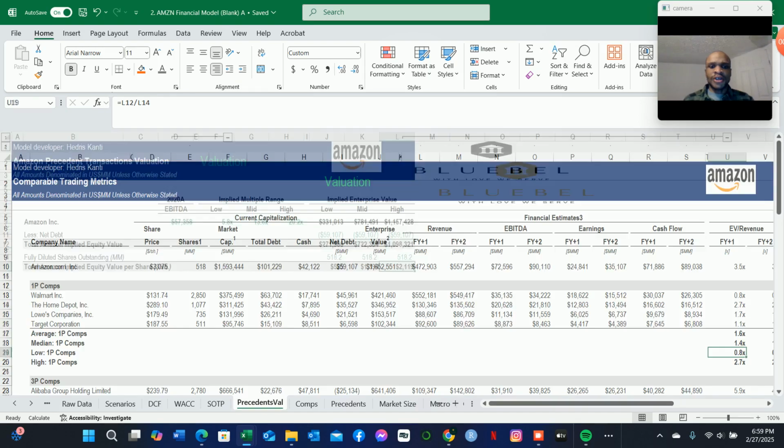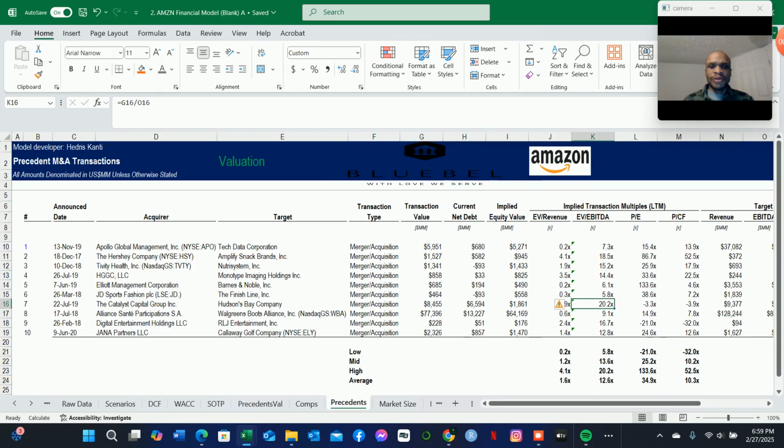So essentially what we did here was we brought in the companies that went through mergers and acquisitions. So we have these companies in the last decade. So we brought all of these companies that underwent mergers and acquisitions.